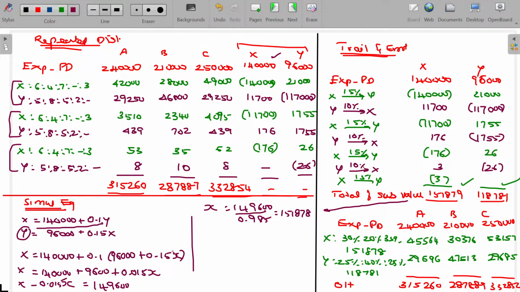The value you arrive at under trial and error method, you can get by the simultaneous equation. In case of y, you can substitute this value here, 96,000 plus 0.15 of this value.